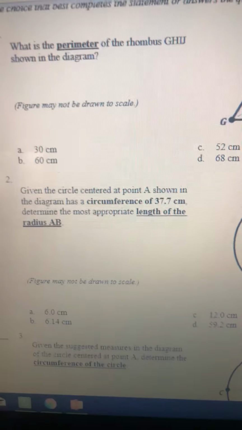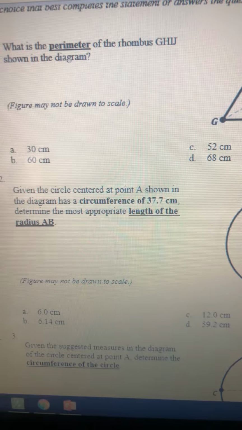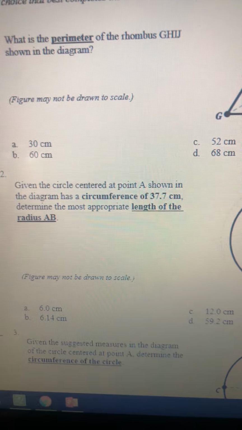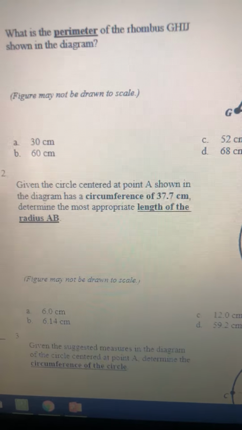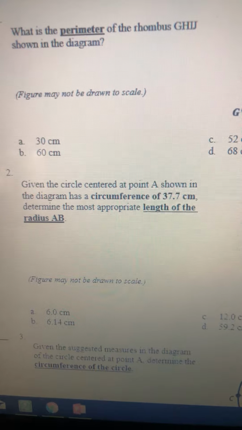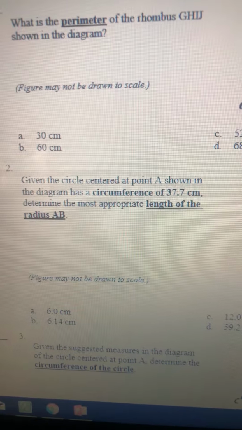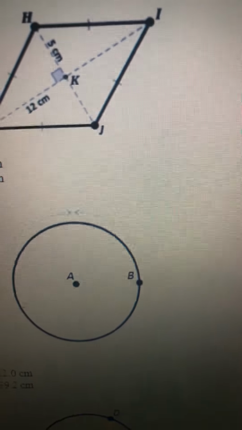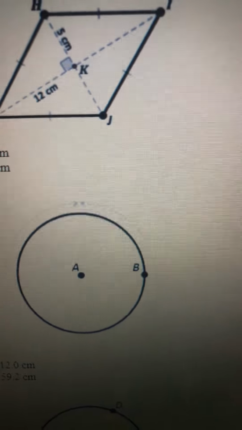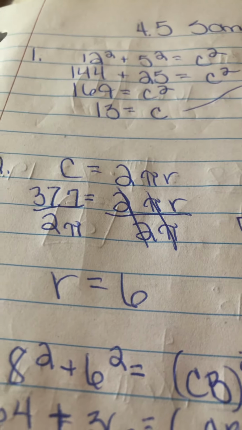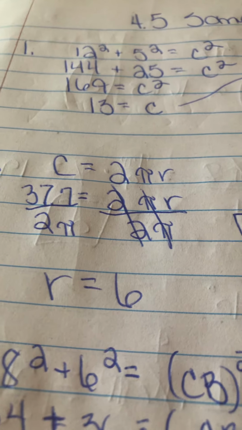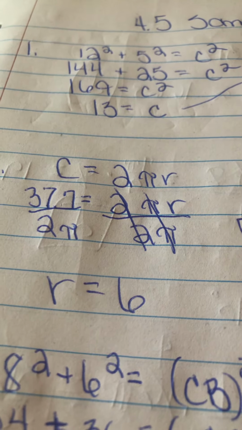Number 2 says, given the circle centered at A, shown in the diagram, has a circumference of 37.7 centimeters, determine the most appropriate length of the radius AB. Okay, so all we had to do was set up our circumference formula, which is 2 pi r, and because we already have the circumference 37.7, all we had to do was just solve for r here.